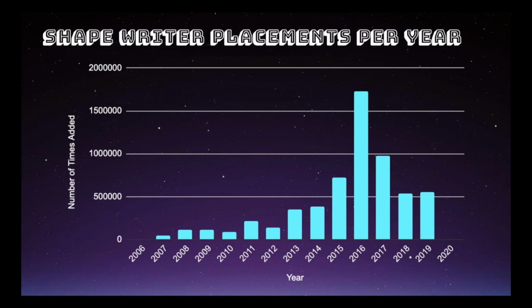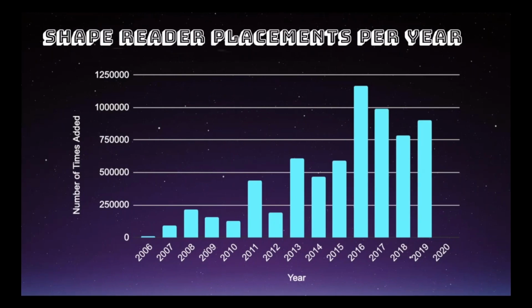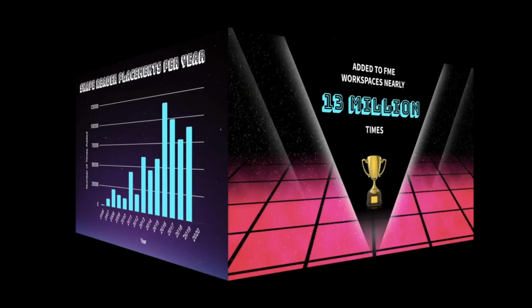I'm going to call peak Shape 2016 in terms of the raw number of times people actually put it down. And on the writer side, it looks like we have a slight trend down. That means as a percentage of things people are doing, there's less escaping from Shape than there used to be. Once again, we see a spike in 2016, but maybe a little bit less of a dramatic decline. So anyway, peak Shape definitely looks like we're past it.